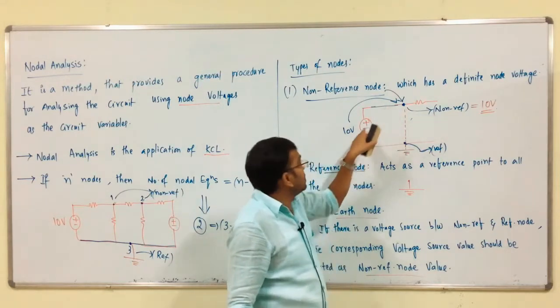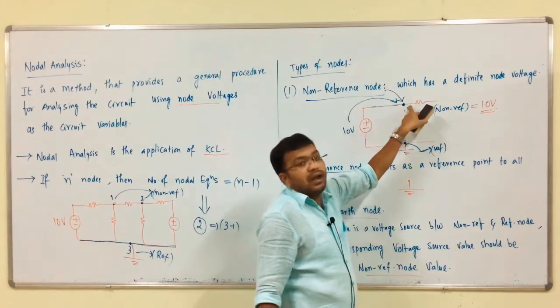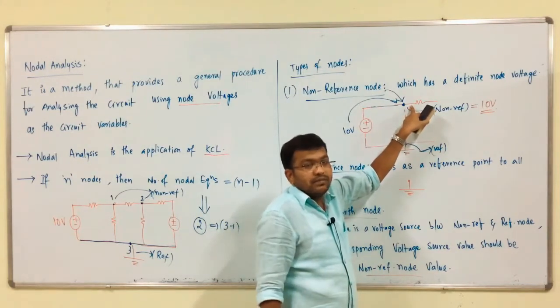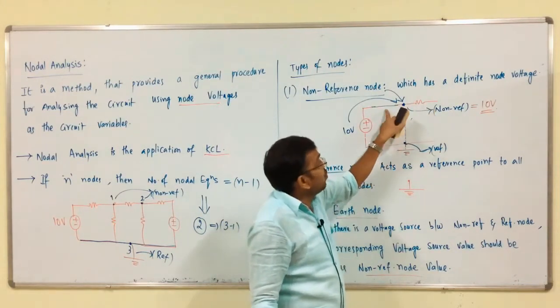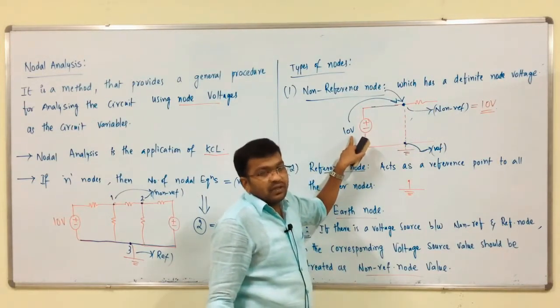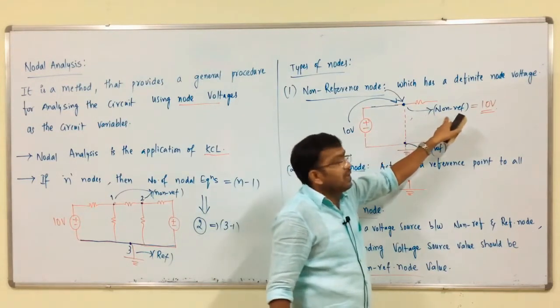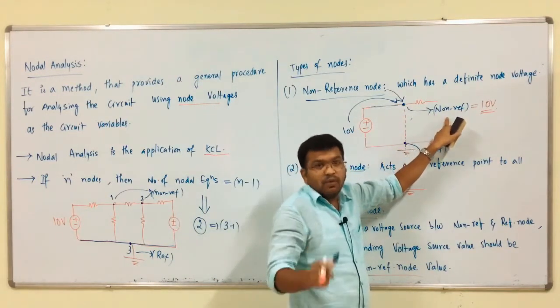So, 10 volts minus the voltage drop should equal the non-reference node voltage. If there is no branch resistance, this is treated as the non-reference node value. If there is a branch resistance, this should not equal the voltage of that non-reference node. This is a very important point.